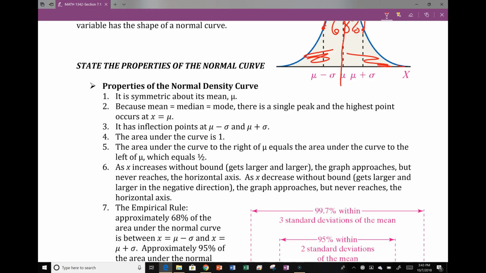This line gets as close to our horizontal axis as possible, but it never touches it. The reason is that we don't know where those larger values are. There's always going to be that very slim possibility, so it still has some probability, not equal to 0. Same thing happens on the left side.